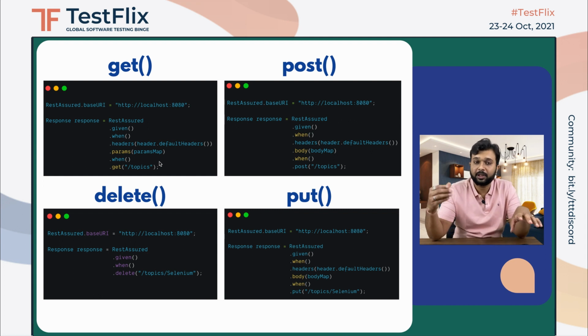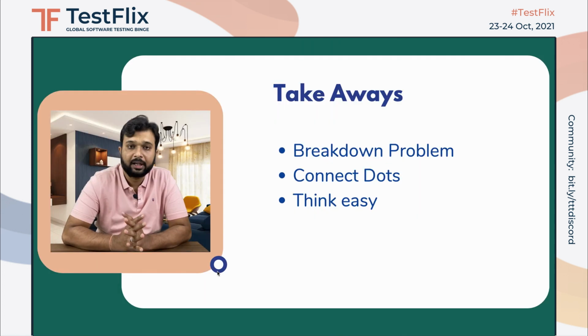If it is a post method, then in the given part we need to provide headers plus body, and in the same manner in a put API we have to provide header plus body. And for delete API we have to simply pass the path parameter or query parameter, as header plus params.